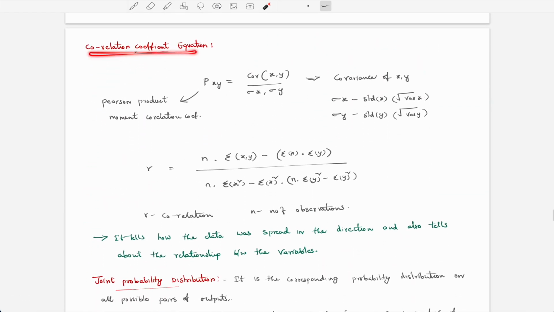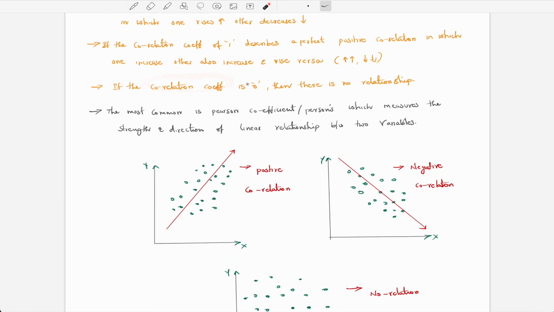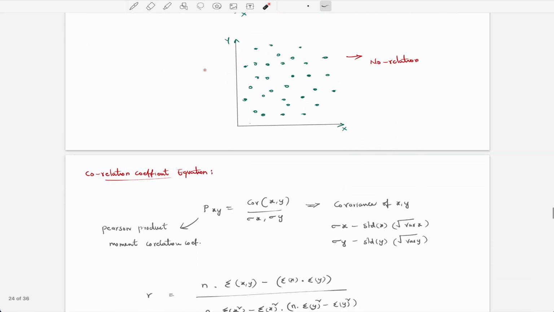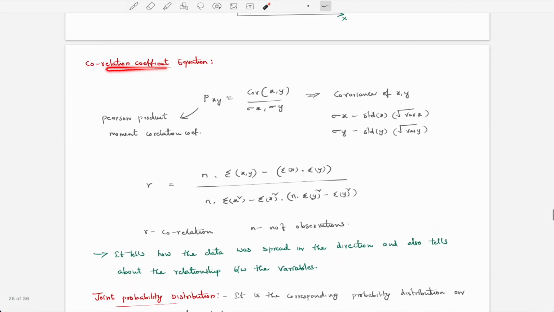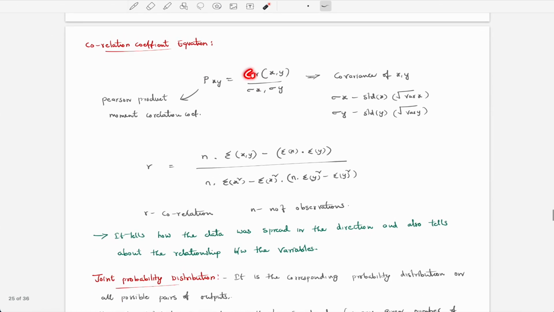So like the correlation coefficient equation, we have said: if the correlation coefficient is 0, then what do you mean by that? The correlation coefficient equation means we have rho of x and y, where the covariance of x and y is divided by the standard deviation of x and the standard deviation of y. We have seen this standard deviation, right? So we are simply dividing the covariance of x and y by the standard deviation of those variables.